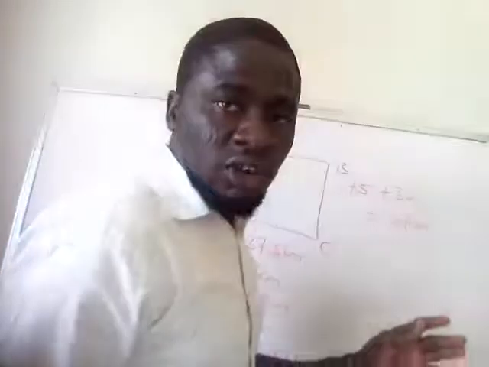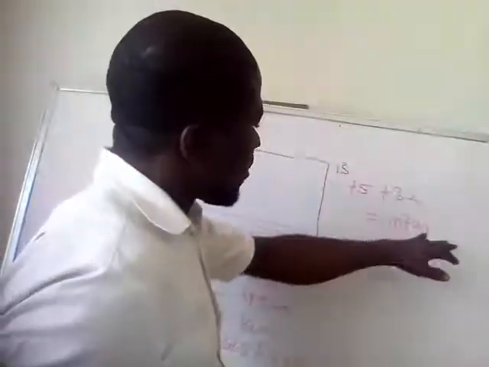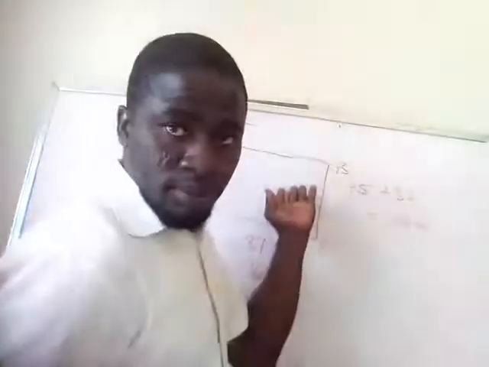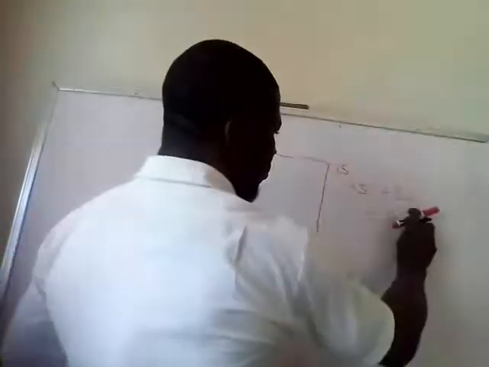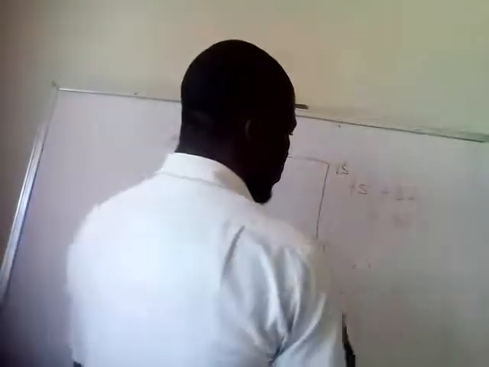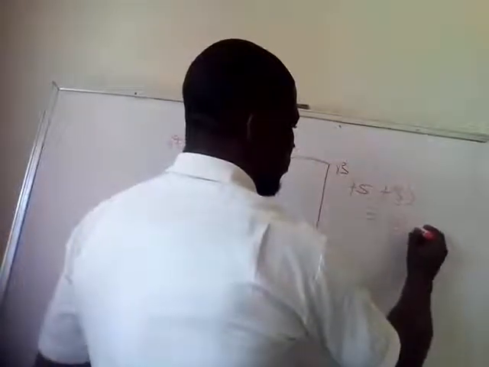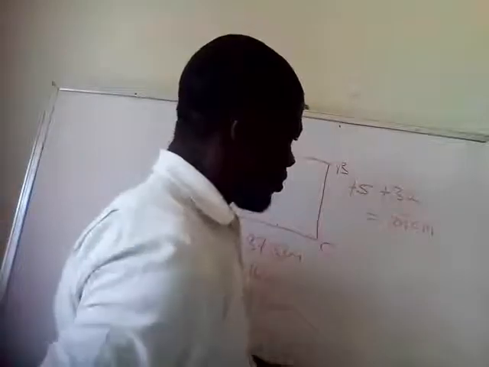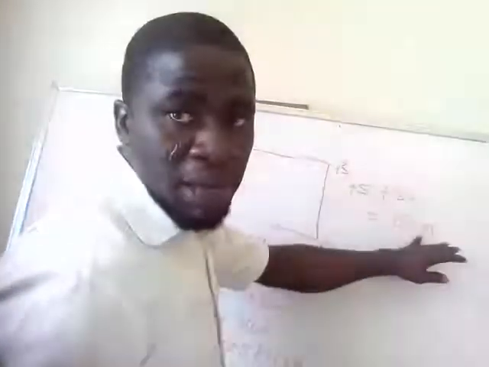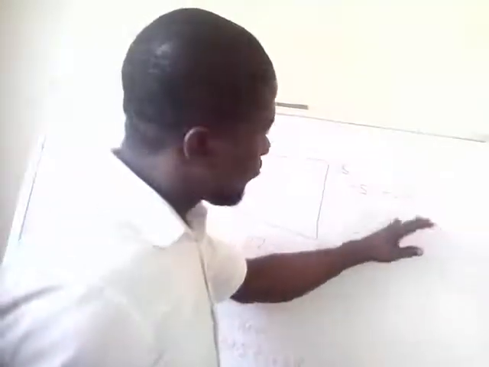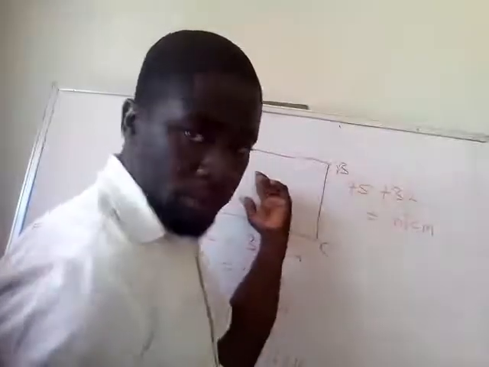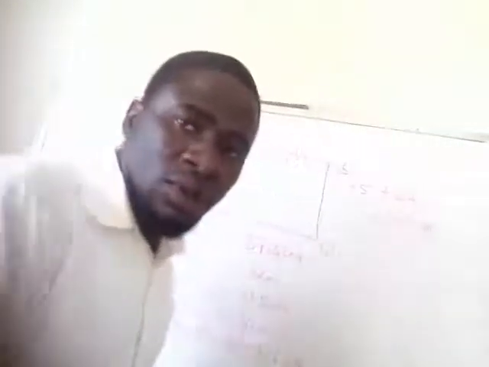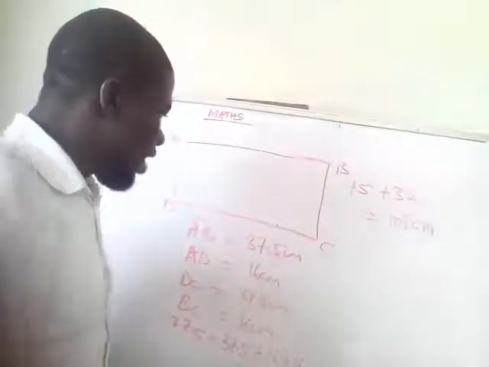That is the total perimeter of this shape. Please, this is cm, not am. It's looking like am. cm is the perimeter by measurement of this shape.